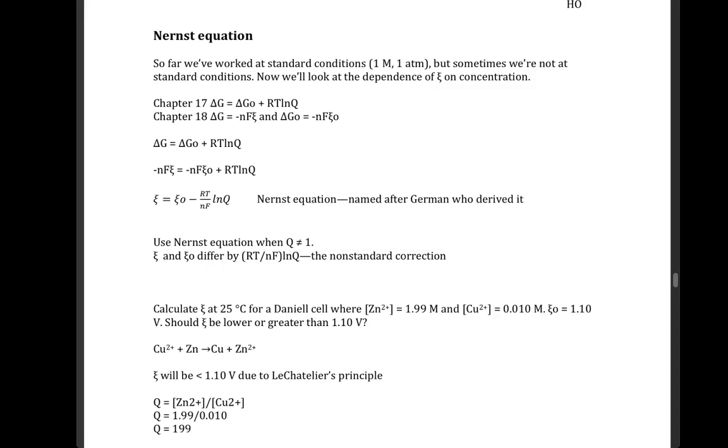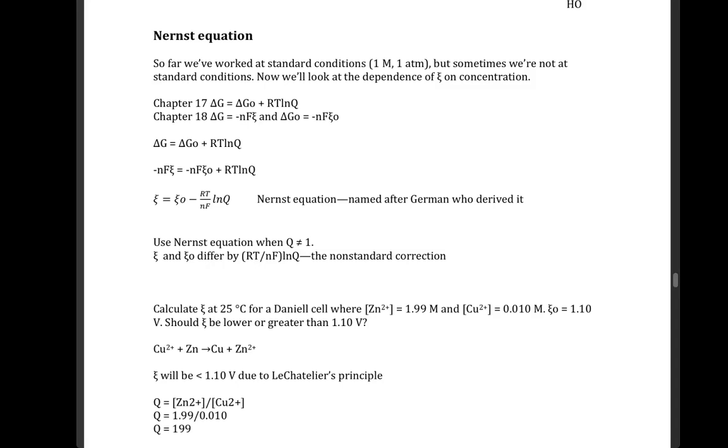Delta G naught is standard conditions. Okay, from this chapter, we have delta G is equal to minus nFE, and delta G naught is equal to minus nFE naught. That is to say, delta G and E go together, just as delta G naught and E naught go together, where the naught just is standard conditions.